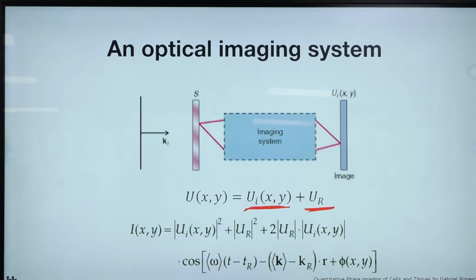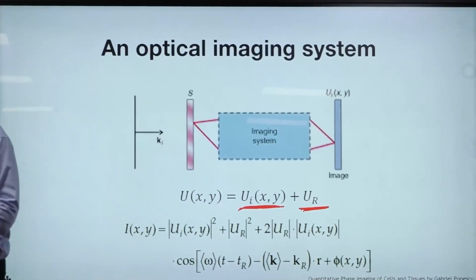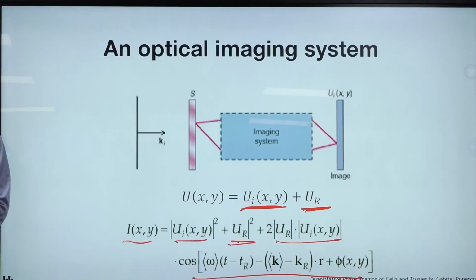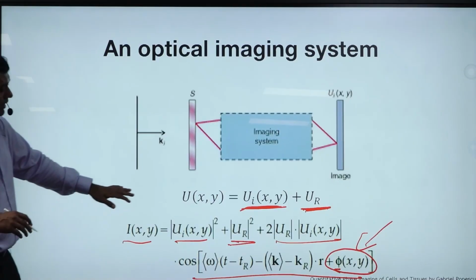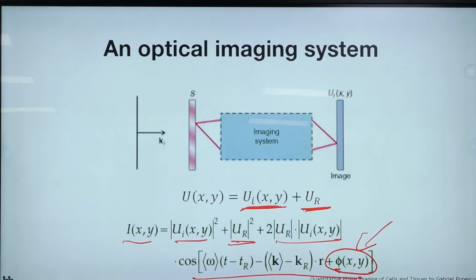You interfere a reference arm with the sample. When you interfere the two, the fields add, and when you take the intensity, the magnitude square, you have the intensity of the original, the intensity of the reference, plus a cosine term which has a phi of x comma y. So if you can extract the phi of x comma y quantitatively, then you have quantitative phase imaging.